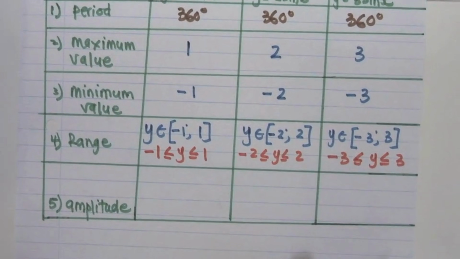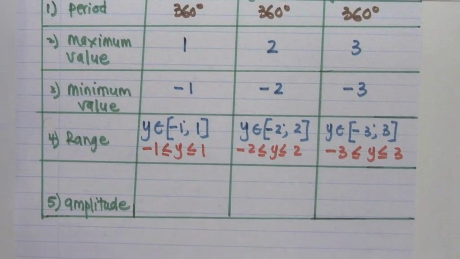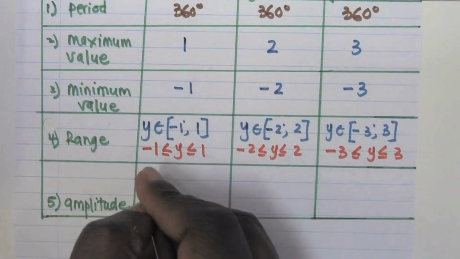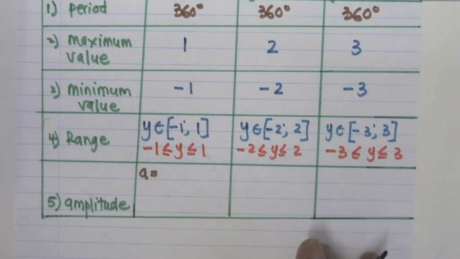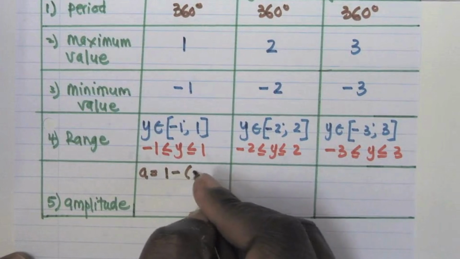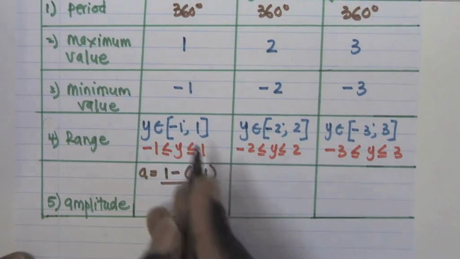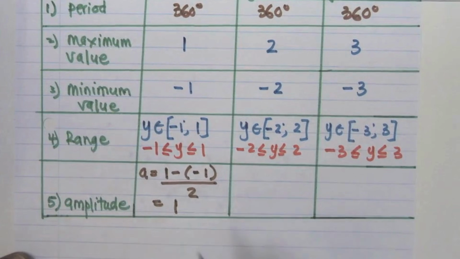Then I can also calculate the amplitude using our formula. If we calculate the amplitude here, we are going to see that the maximum value, 1, minus the minimum value, divided by 2, and my answer here is going to be 1.